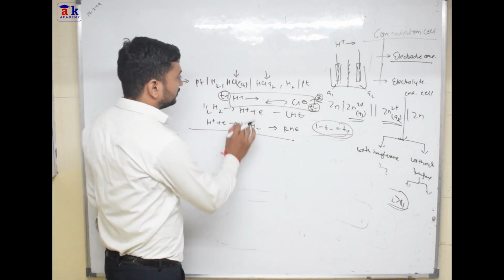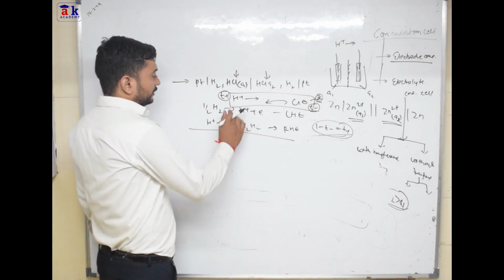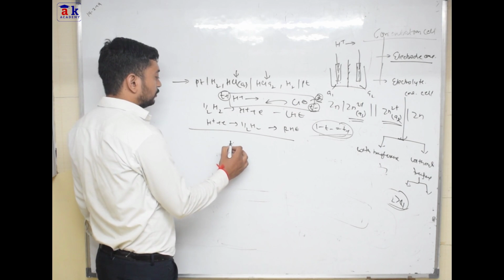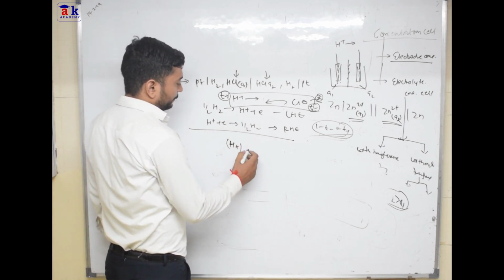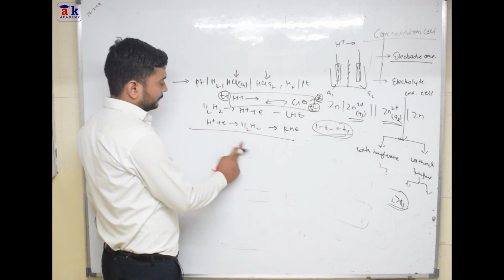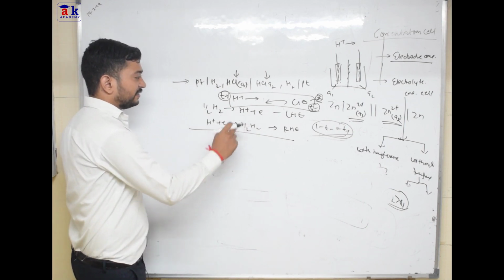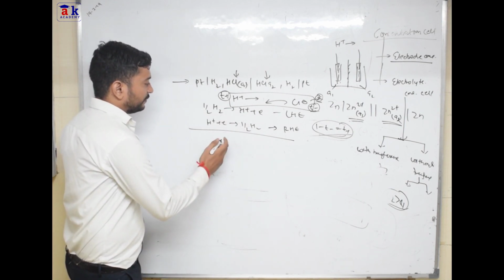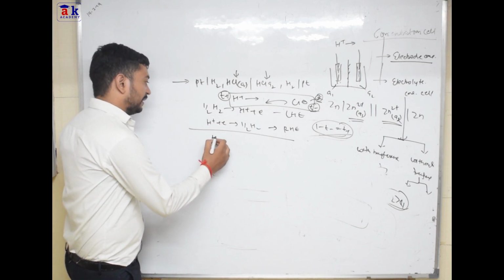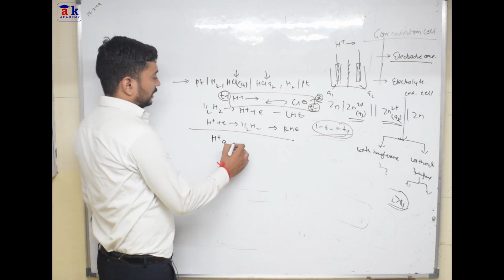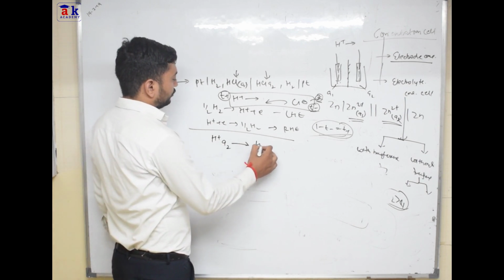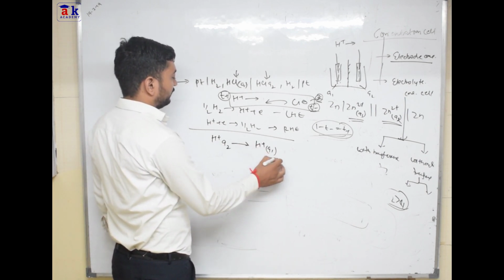So what we can say over here is that H plus is migrating from left to right, right? And here if I write the reaction, it will become H plus A2 getting converted into H plus A1.